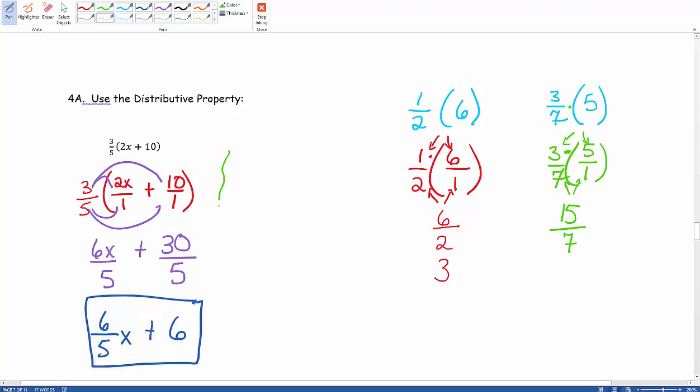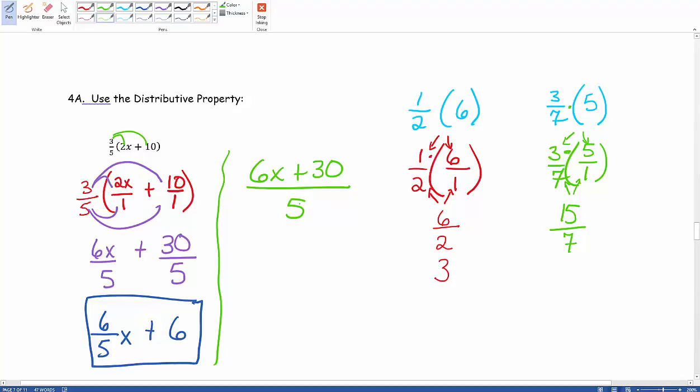Now the other method, a little shortcut, would be noticing that this is a fraction being multiplied by this, which is technically a fraction, but there are no real denominators where you have to multiply the bottoms with the bottoms. As a result, you can just multiply the tops, giving us 3 times 2x is 6x, and 3 times 10 is 30, and then do that all under one value, 5.